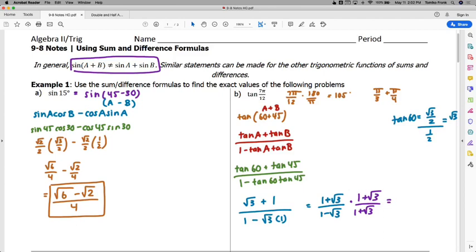And we get 1 plus 2 root 3 plus 3 on the top over 1 minus 3 on the bottom. Final answer then is going to be 4 plus 2 root 3 over negative 2, which simplifies to negative 2 minus root 3.